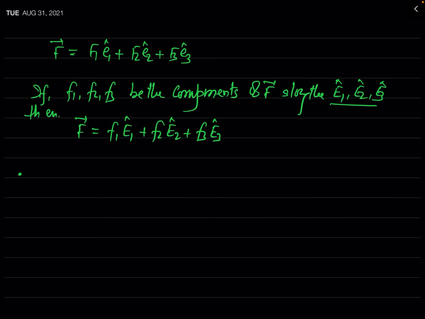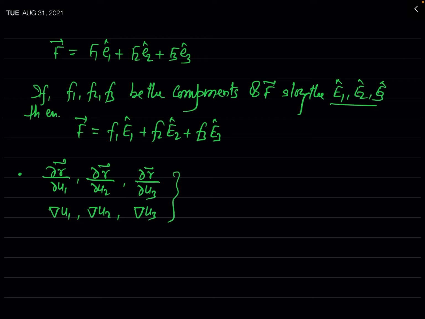So actually those two sets of vectors are known as unitary base vectors.